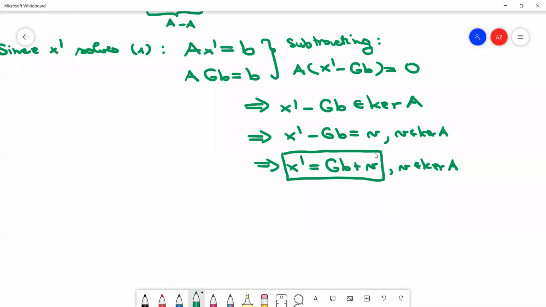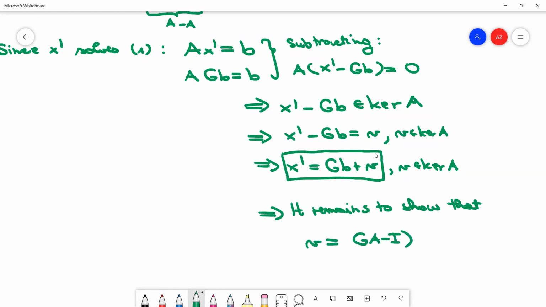So it remains to show that V is equal to GA minus identity times Z for some Z in the kernel of A. So this is the only thing which we need to prove.